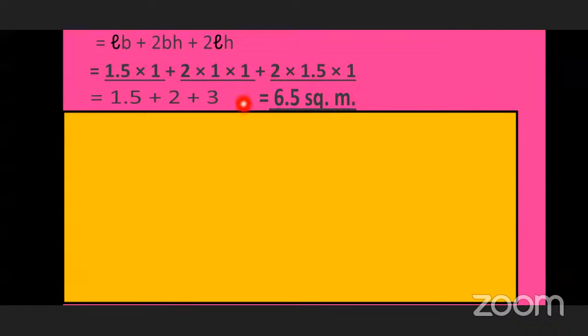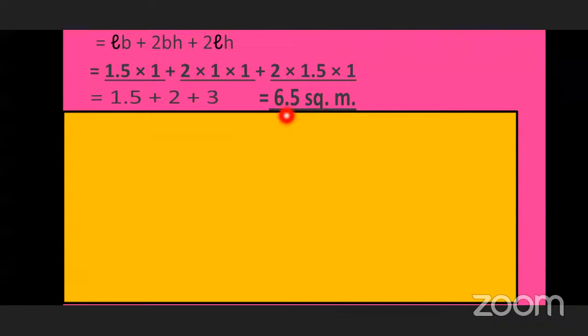So this, what we got, is the total surface area of a rectangular box after reducing the area of top as the box is open. Now in the question, we are asked to find out the cost of paint required to paint the box from inside also and from outside also. Children, this is the area of one portion, that means of inside or of outside.